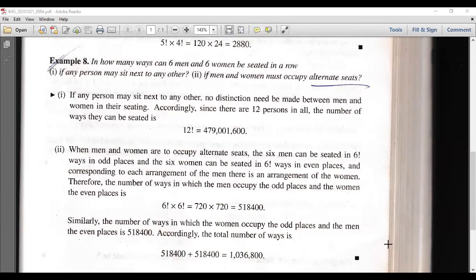So that is 6 factorial into 6 factorial equal to 5,18,400, plus 5,18,400 totally. This is 10,36,800 different ways you can arrange if men and women must occupy alternate seats.